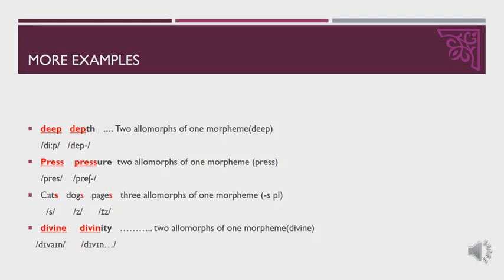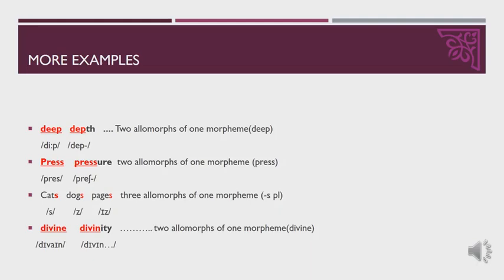So notice we have press and presh. Press and presh after adding the derivational suffix -ure. It means that we have two allomorphs, two pronunciations of the same morpheme. Each one of them should be pronounced in its own position.